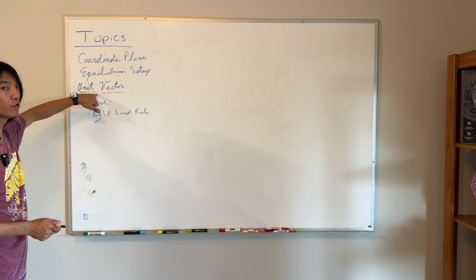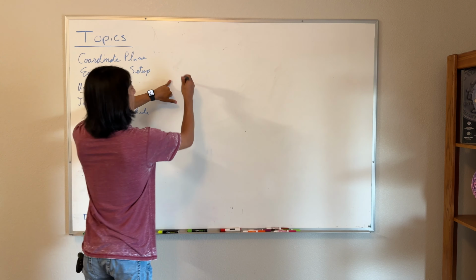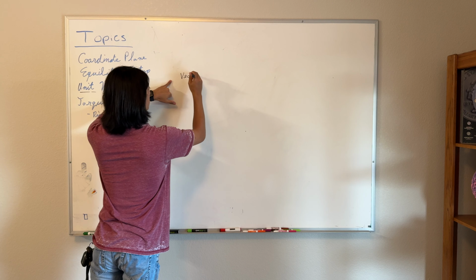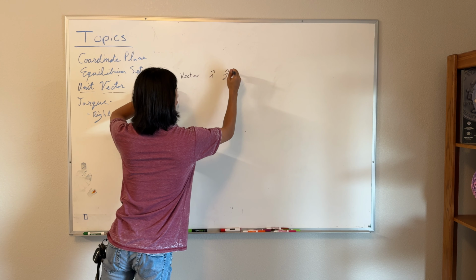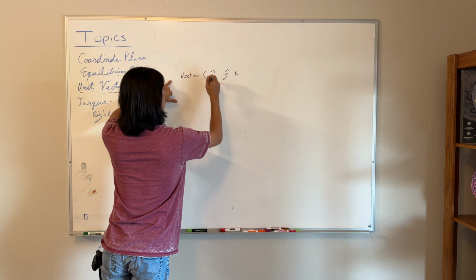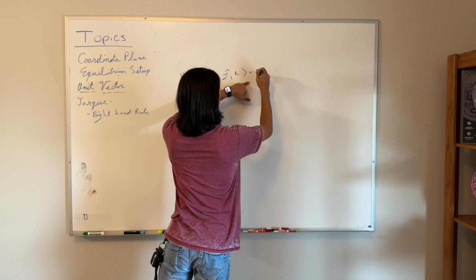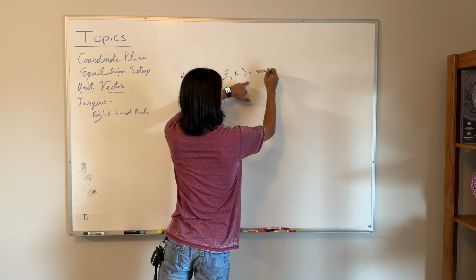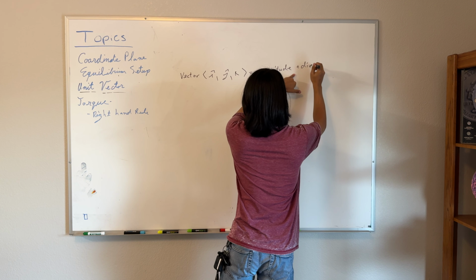Okay, now we're gonna talk about unit vectors, but before we describe what the unit vector is, we have to remember that a standard vector in I hat, J hat, and K hat is going to be a magnitude and a direction, plus a direction.